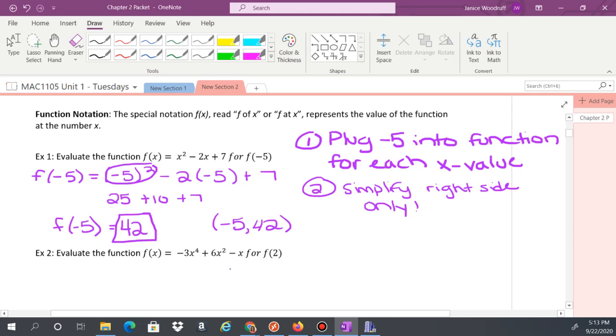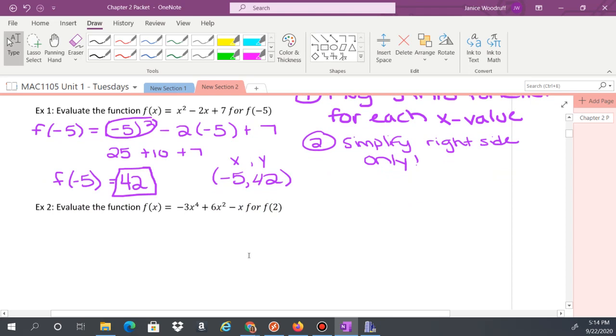So after we plug the value into the function, the output, that's our y value. And typically, you'll be asked to answer the question by just clicking in a box, and then you just put the 42 in.